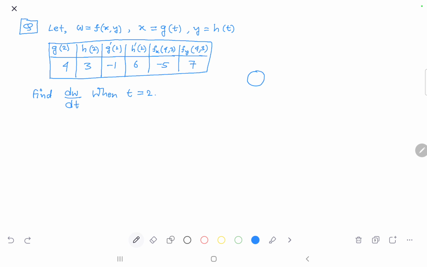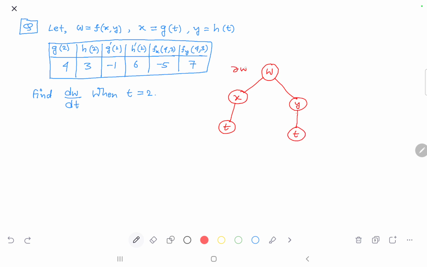You have here w, and then here you have x, and here you have y, and then this is a function of t. This is also a function of t, right?